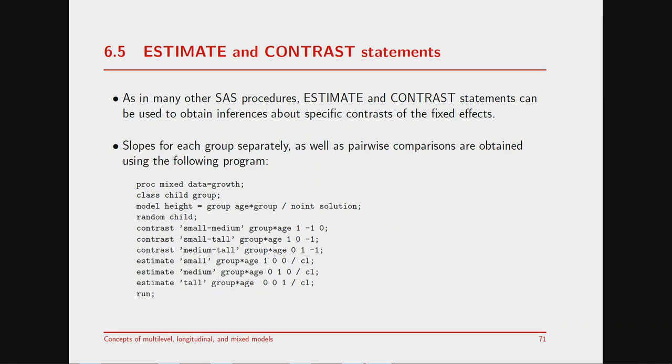Note that there is something else that changed in my syntax here compared to the original syntax that we used. And that change is here. Before I had group, age by group interaction, and now I don't have an age effect.